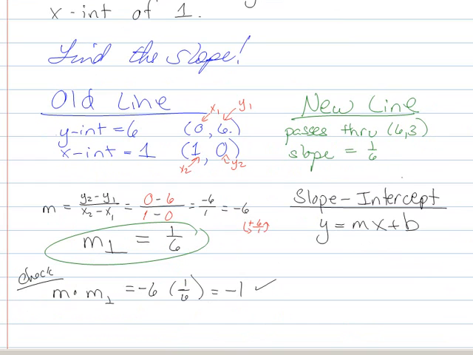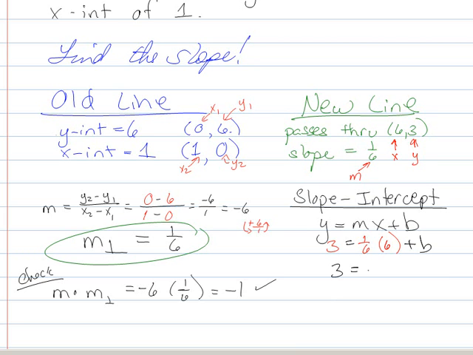So we're going to do what we did before. We're going to plug in our values, x, y, m. So we've got y is 3 equals m times x plus b.